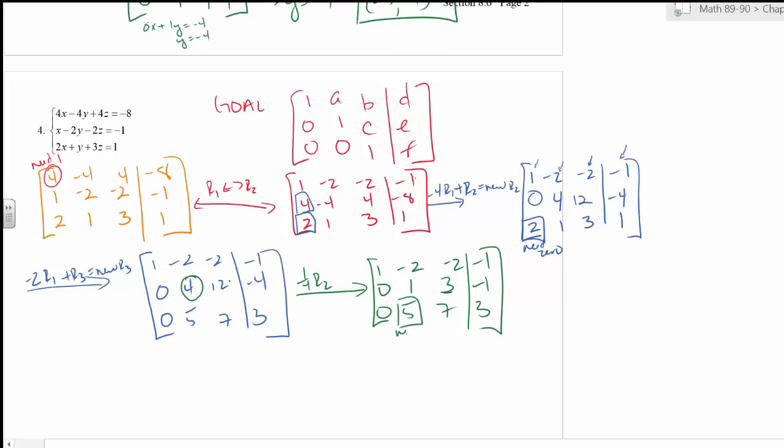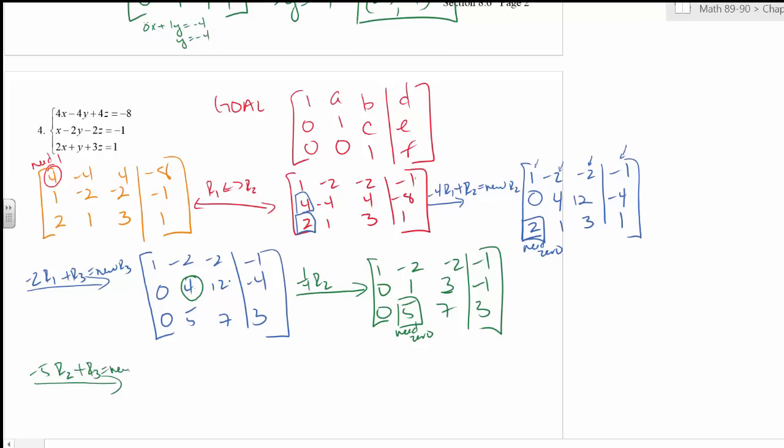Now I need a 0 below the 1. So that means I'm going to multiply the middle row by -5. So -5 times row 2, because that's where the 1 is. And then add it to the third row.